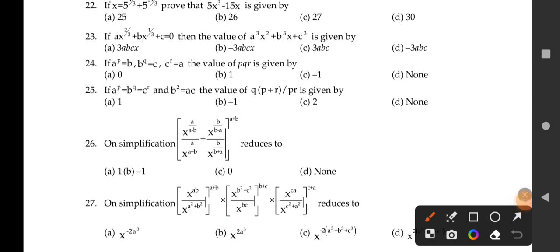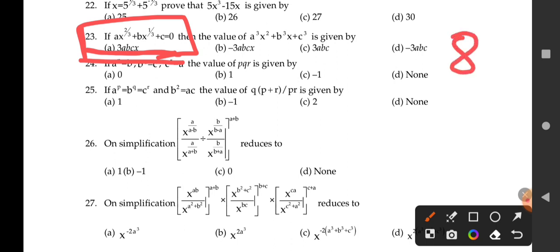How are we going to solve question number 23? Again, we will substitute the variables with numbers, and also in the options as well. You have to carefully substitute, since we are already given an equation. Here you can see x needs a cube root, so let's take an easy cube root.